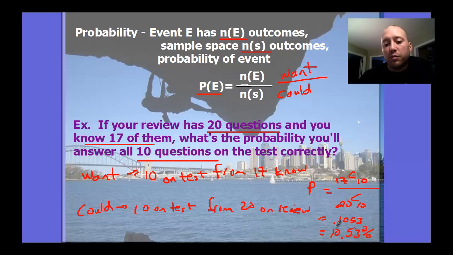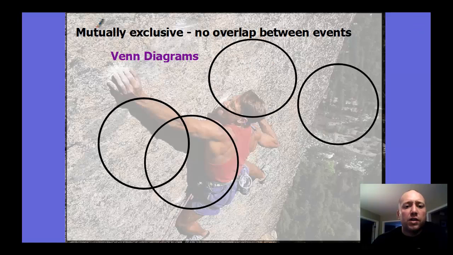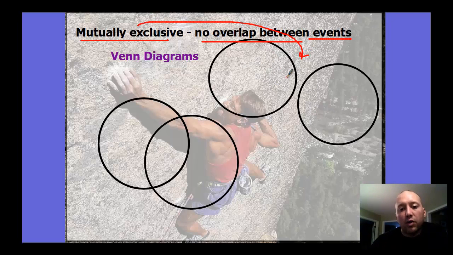So 10.53% chance. So mutually exclusive. What this is saying is that there's no overlap between events. So if two things are mutually exclusive, it's when these circles do not overlap. So mutually exclusive would be an example here with these two Venn diagrams. So if I look at the set of odd numbers and the set of even numbers, there's no overlap. You look at 1 and 3 and 5, they're over here, but then 2, 4, 6 are over here.